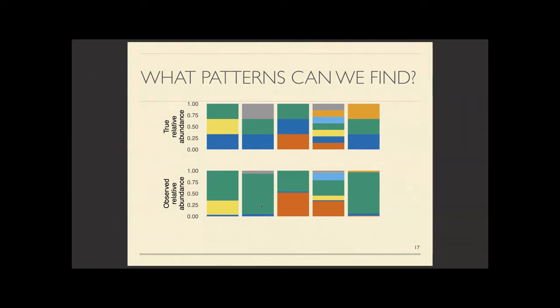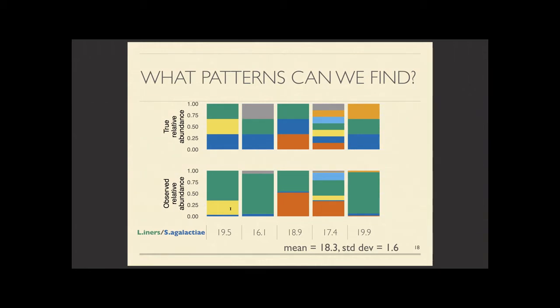And so what if we have a look at the ratio of the green taxa to the blue taxa across all of our samples? What we see when we do that is that Lactobacillus iners tends to be observed about 20 times or 18 times more often than S. agalactiae, even when they're present in the same abundances.